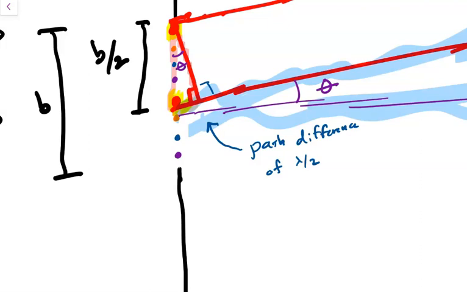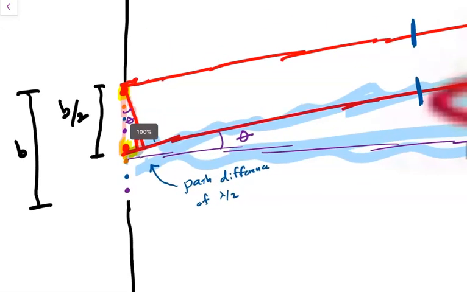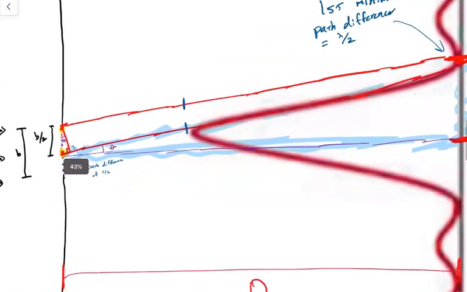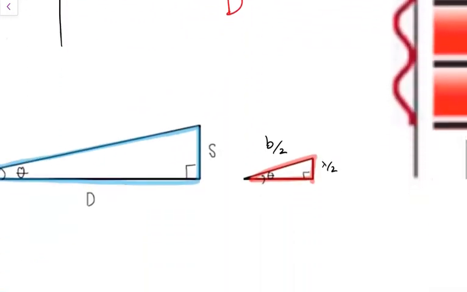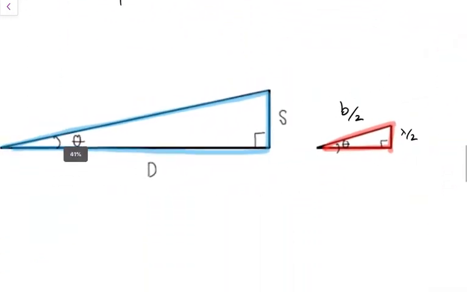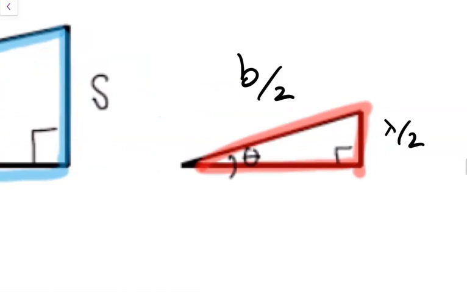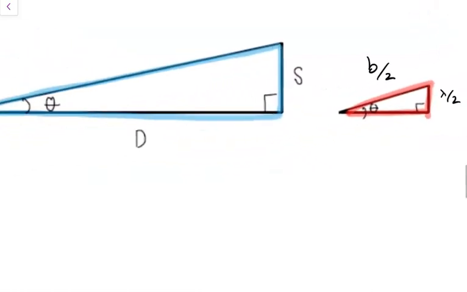So as we look at this red triangle and this wiggly blue triangle that I drew, we're going to look at the one that Miss Miller had made prior. But instead of lambda and d, we're looking at b over 2, which is half the slit width, and lambda over 2, which is half of the wavelength. And we have also a similar sine and tangent.